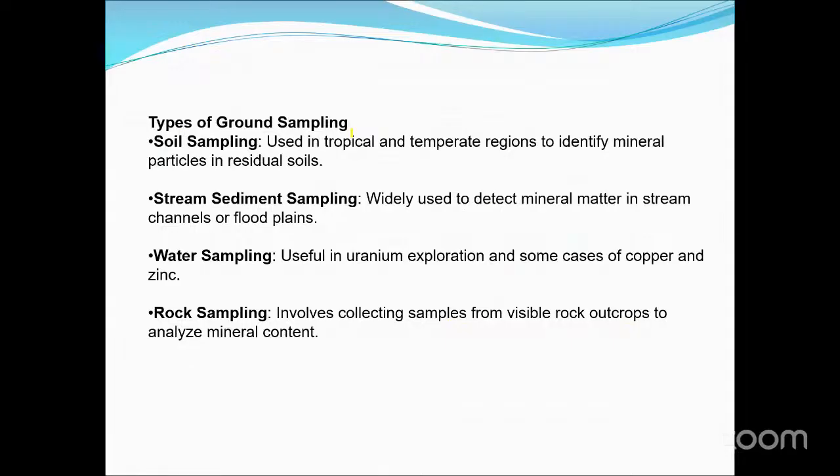So in ground sample, we'll collect the soil sample, sediment sample, water sample, and rock. Chips or rock samples will be collected. Soil sampling is used in tropical and temperate regions to identify mineral particles in residual soils.